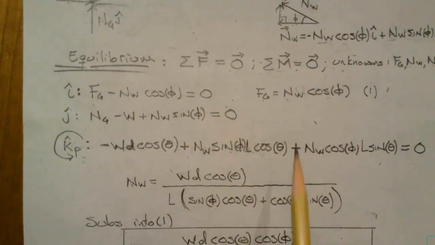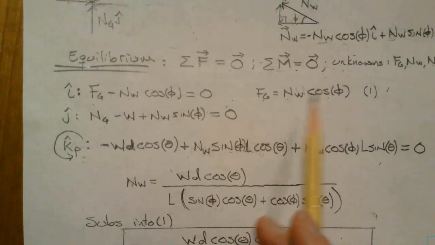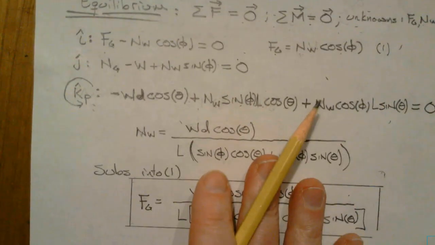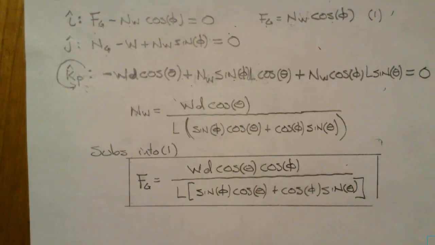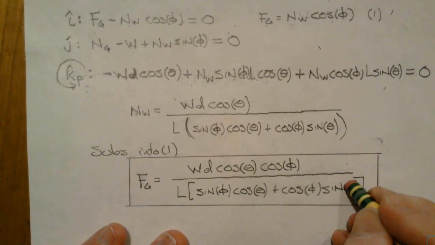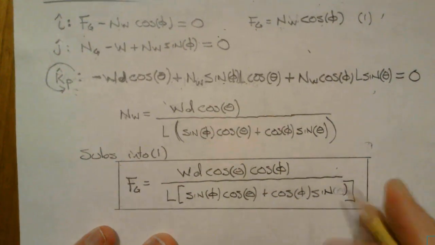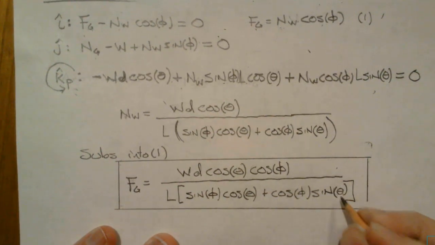Because when you're working on this stuff symbolically, you'll have lots of expressions here and there. Here's an FG equals something expression right there. But here's the one that's our answer. We put a box around it to indicate this is the one. This is the thing that you asked me to find.